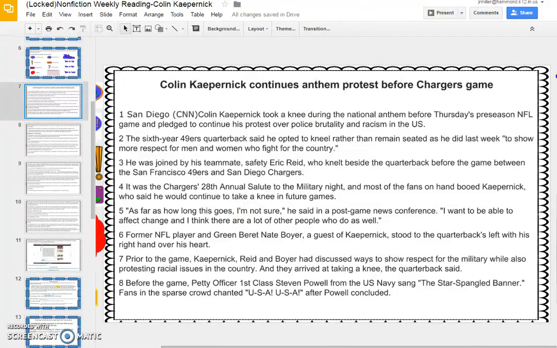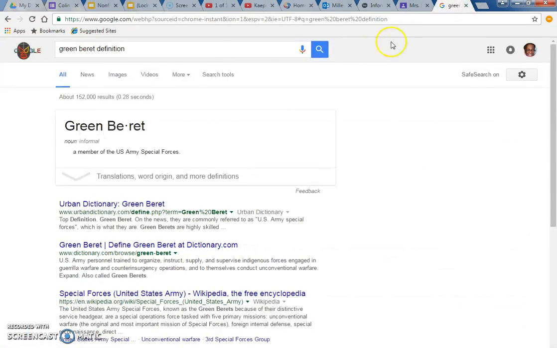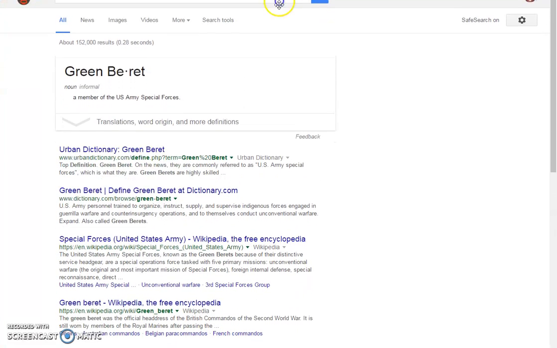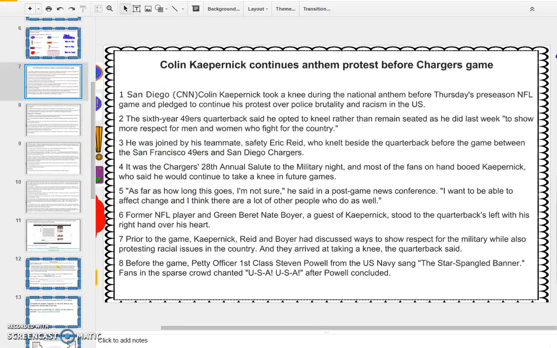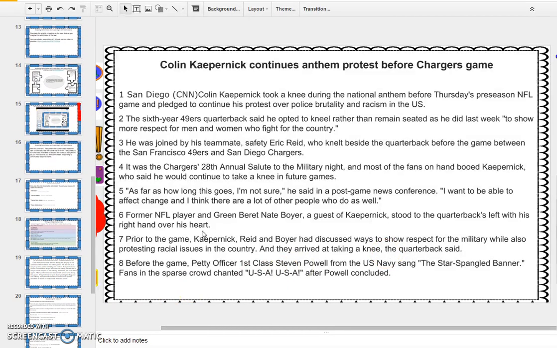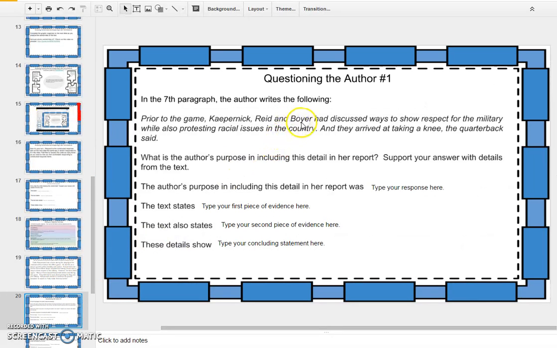So I just went up to open up a new tab, and I see a Green Beret is a member of the U.S. Army Special Forces. Oh, so that really helps me with my understanding as to why the author told me that they discussed the ways to show respect for the military, and they arrived at taking a knee. So knowing what a Green Beret is really helps me. His last name is Boyer, and that's who the author was addressing right here.